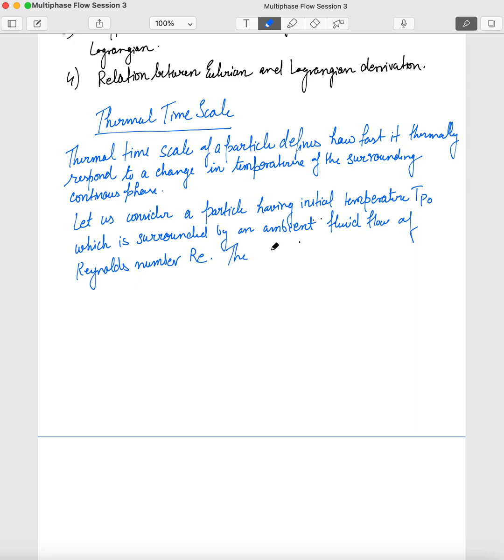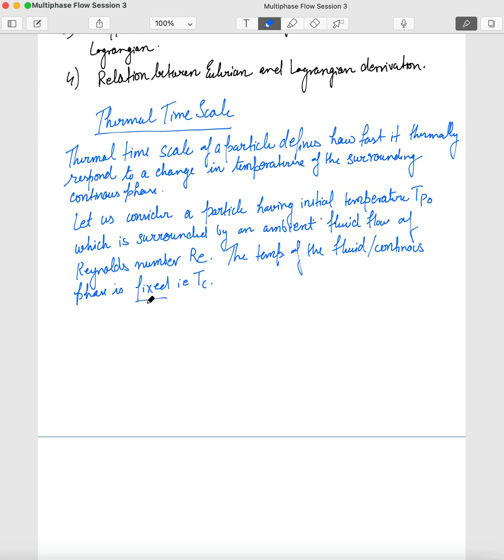The temperature of the fluid or the continuous phase is fixed, that is Tc.